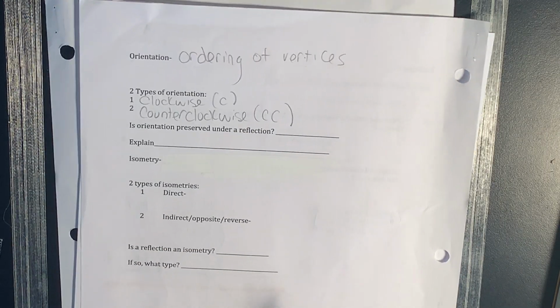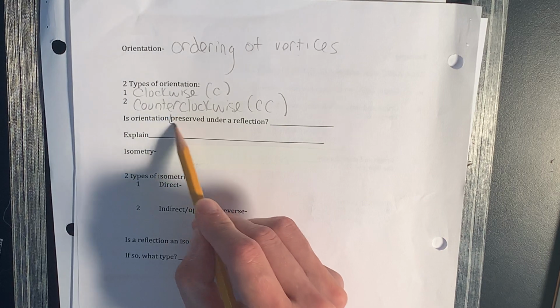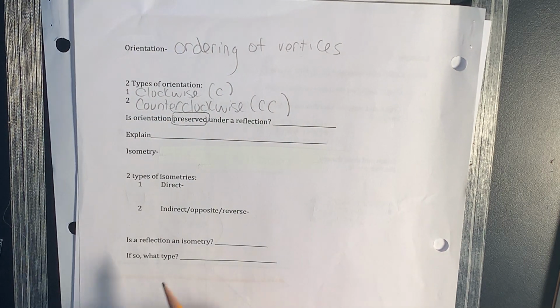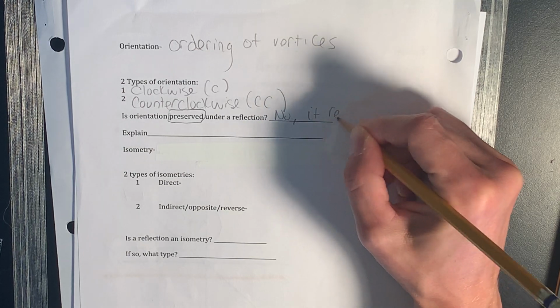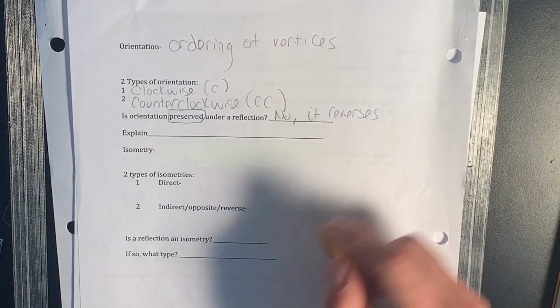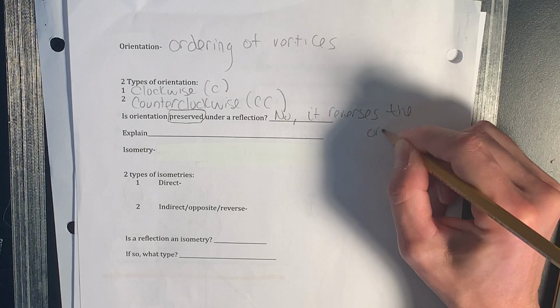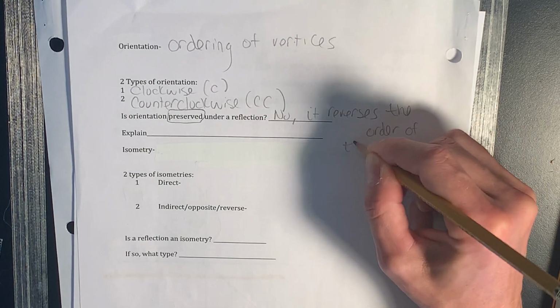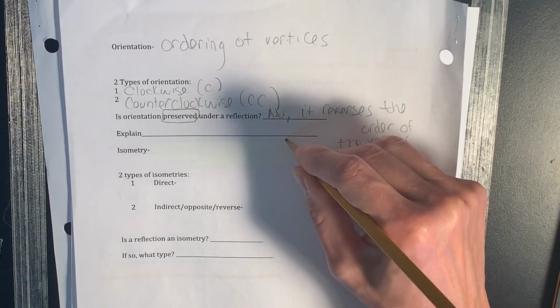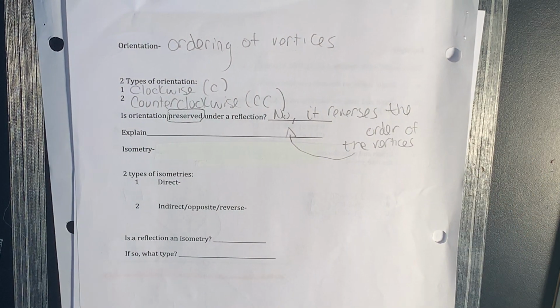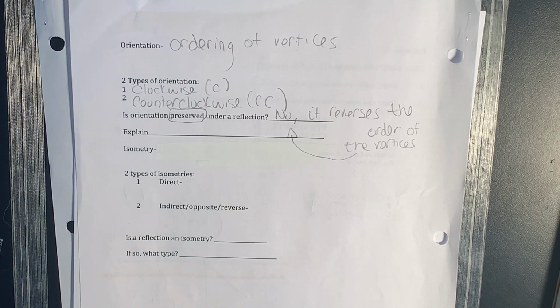So my next question, is orientation preserved? Does it remain the same under a reflection? No, it reverses the order of the vertices. So there's my explanation. Now, a new definition called isometry.